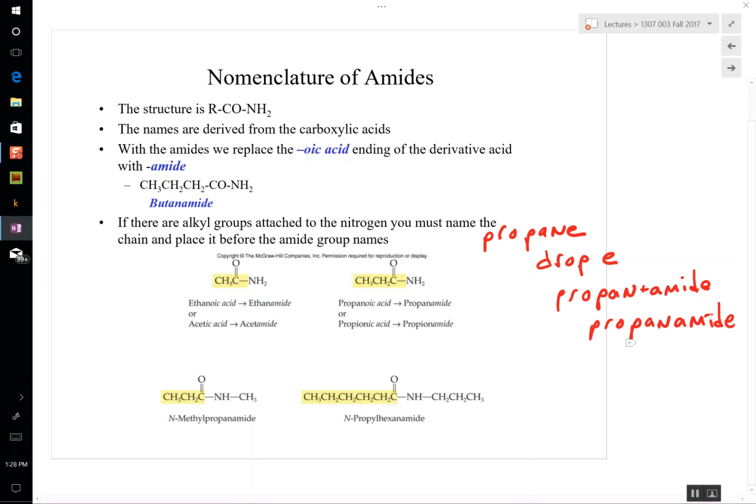You can make this amide by reacting propanoic acid with ammonia. You would get propanamide. But if you're just looking at an amide, just say 1, 2 carbons, so that's ethane, ethanamide.